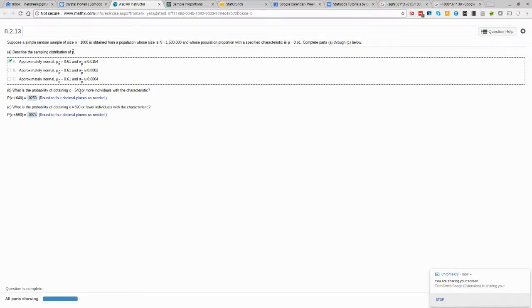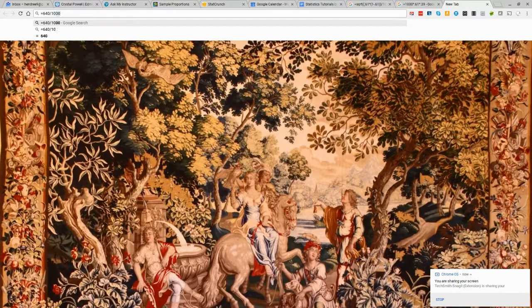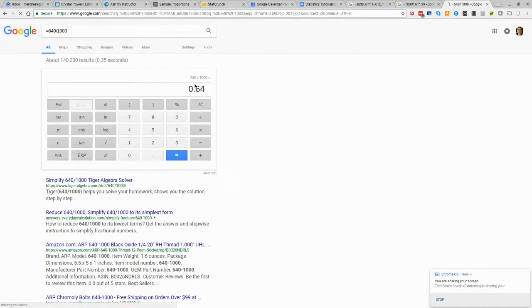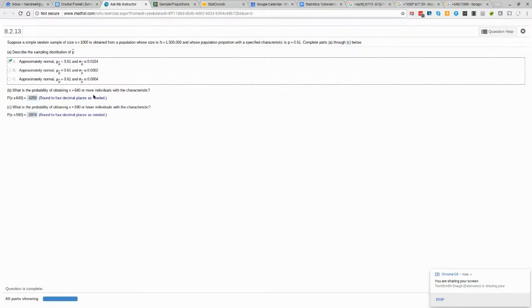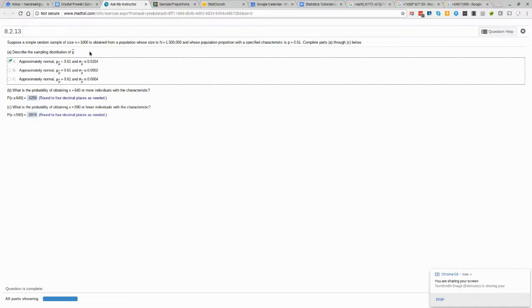But what it means to have 640 people with a characteristic out of 1,000 people is that we get the proportion 640 out of 1,000, or 64%. So we're really asking, what is the probability that we pull a 1,000-person sample and get a sample proportion of 64% or more, right? Yeah, or more.